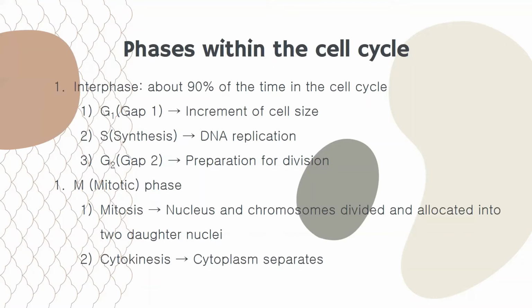Within interphase, there is gap 1, which increases cell size, and S phase, which replicates DNA. The S stands for synthesis, so you're synthesizing and replicating DNA. And then after that, there's gap 2, which is the last stop before the actual process of division, the M phase. So you prepare for the division.